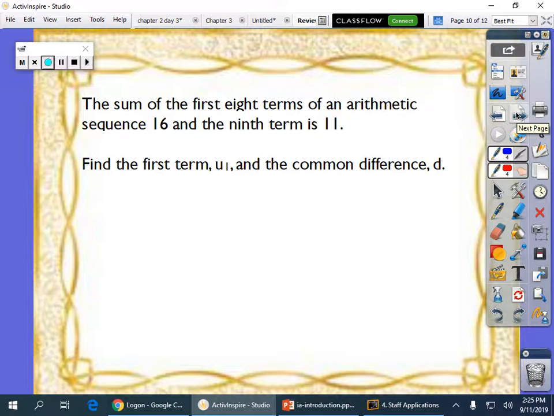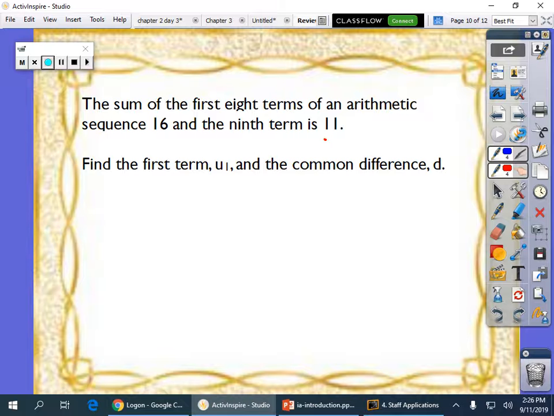Okay? If I add up the first 8 numbers, I get 16. The 9th number is 11. What can I use those two pieces of information to also give me? A sum, a number, what? A sum.